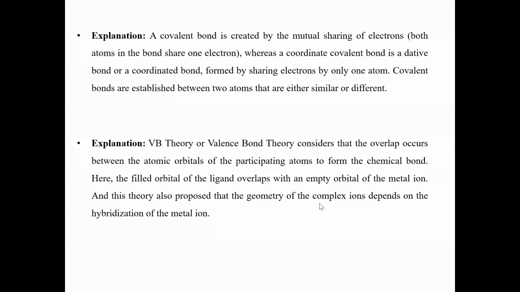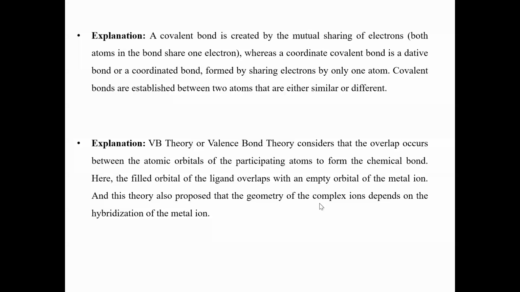If they are sharing one electron each, similarly you can identify whether a single bond, double bond or triple bond will form. But here only the ligand is participating in electron donation, so that will be called a coordinated covalent bond, right?